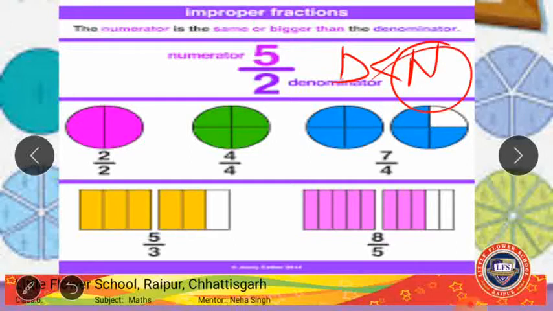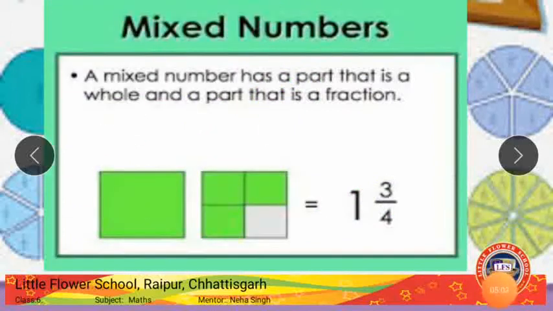Meaning if the numerator is bigger, we will call it improper fraction, right? If the numerator is same or bigger than the denominator, then it will be called an improper fraction. Either it can be same also or greater. See, 5 by 2, numerator 5 is greater than 2, so what type of fraction will we call this? Improper fraction.